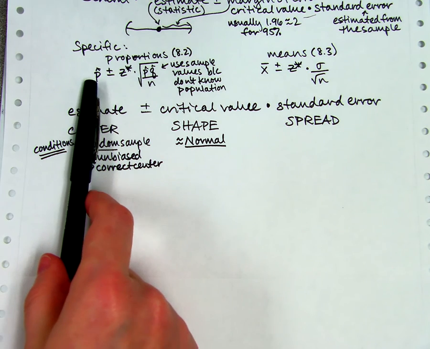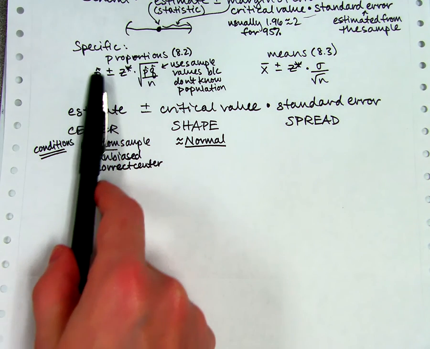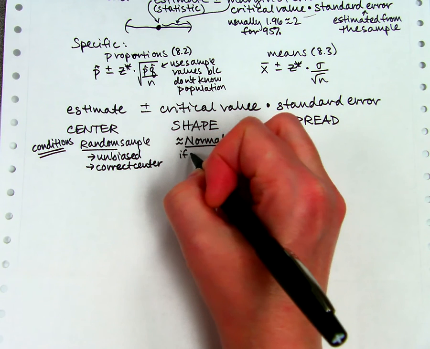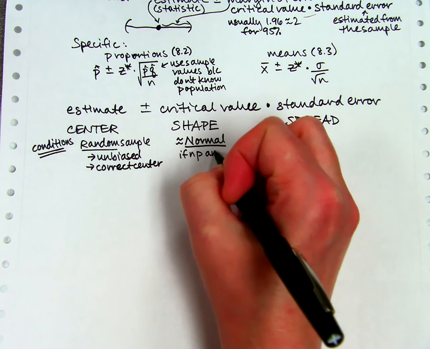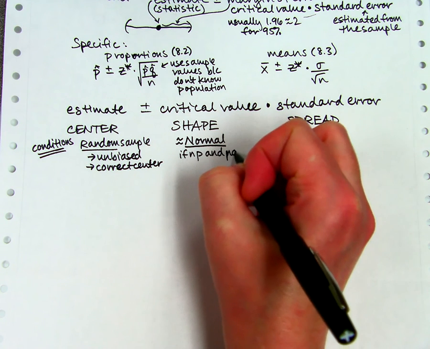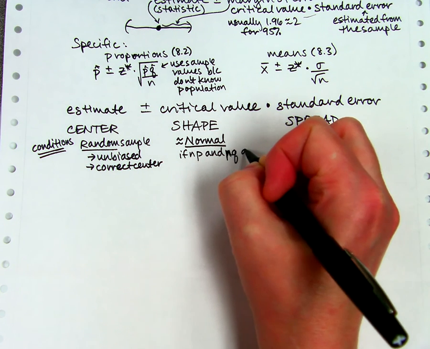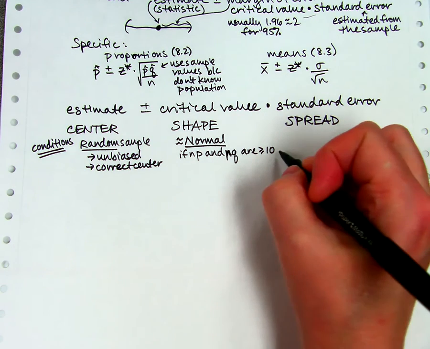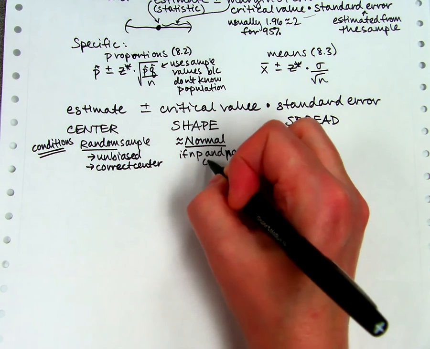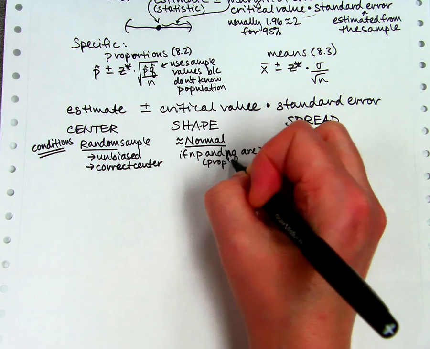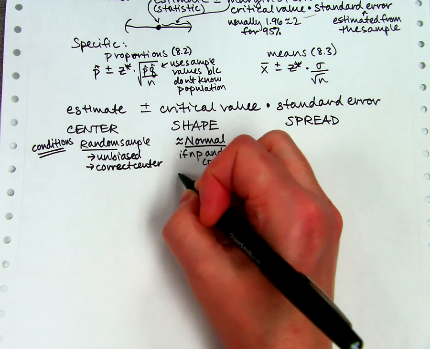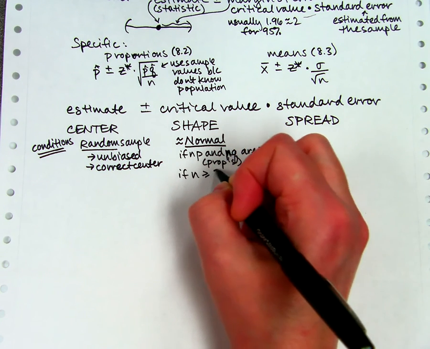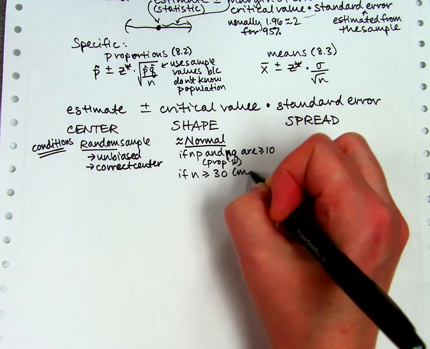The sampling distribution of all the p hats is approximately normal if np and nq are both greater than or equal to 10, that's if we're dealing with proportions. If we're dealing with means, we need to check that 30 rule, if the sample size is greater than or equal to 30 for means.